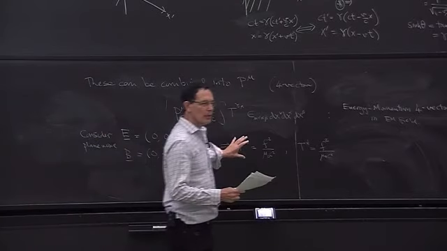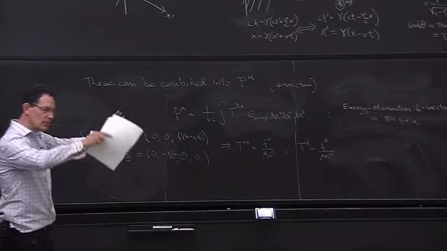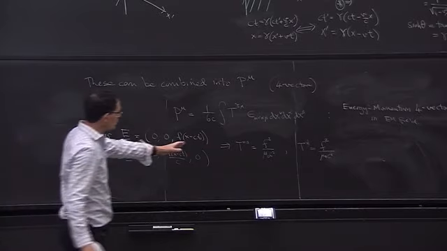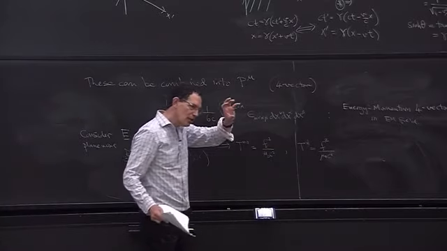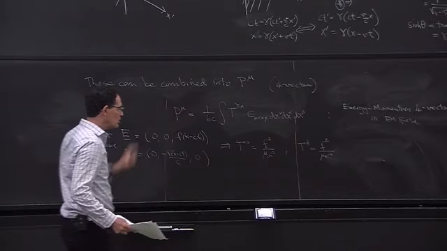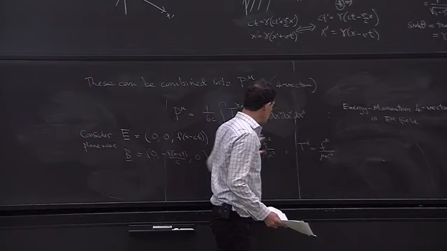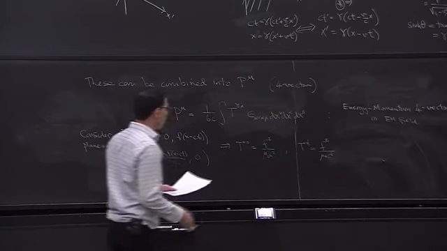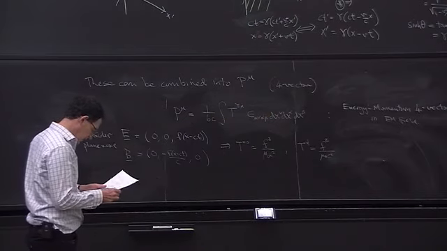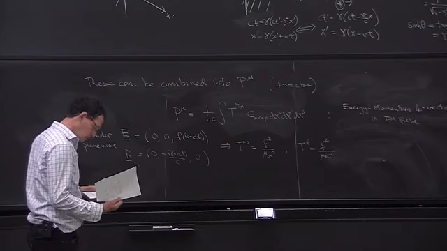So just as before, when we combine objects into a single object, like T mu nu, the dimensions of the single object, every component, the dimensions must always be the same. And so you see that this T00 and T0x have the same dimensions.